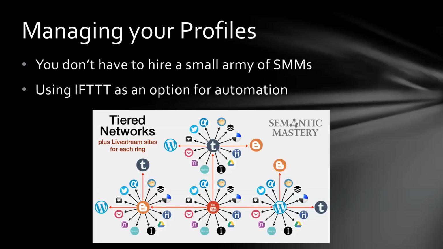Basically, everything that outputs an RSS feed can be fed back into IFTTT, in a separate account, of course. Say that you are syndicated out to Blogger, well, Blogger will also output an RSS feed. If you are syndicating out to Tumblr, Tumblr will also output an RSS feed. You know what I mean? So the main idea here is that you can create multi-level tiered networks.